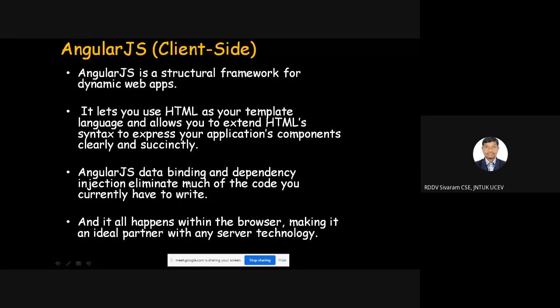I will do a demo on data binding. It all happens within the browser, making it an ideal partner with any server technology. AngularJS can be used along with PHP, or with JS, or with ASP.NET. It is not particular to any one technology. It can be used with any combination.